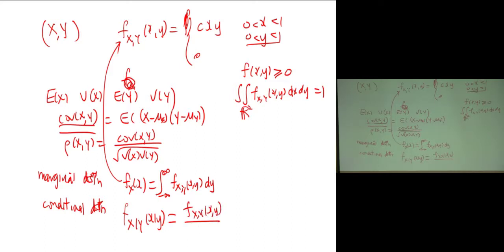The conditional probability is the joint probability divided by the marginal of y. This is something like the probability of A intersect B, this is the probability of B, and this is the probability of A given B. So we condition on y.